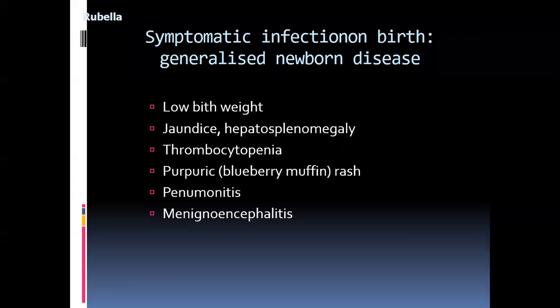Pneumonitis and meningoencephalitis can also occur. So these are some of the features of symptomatic infection that can occur at the time of birth.